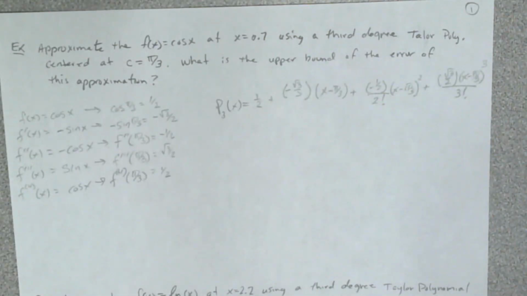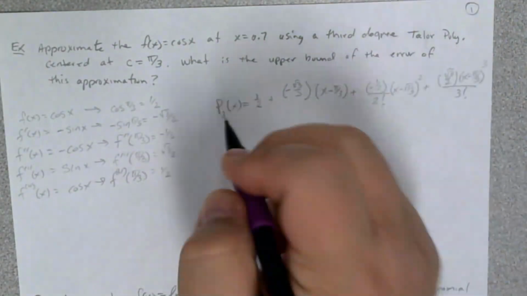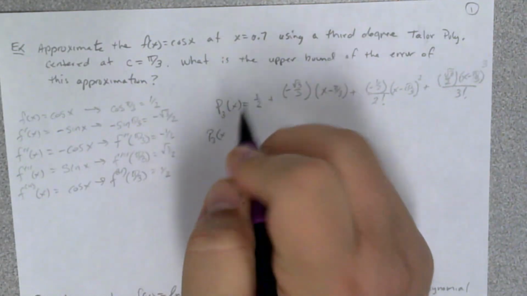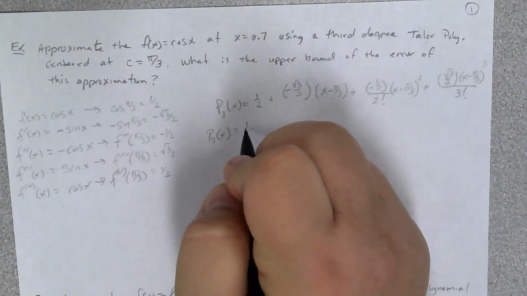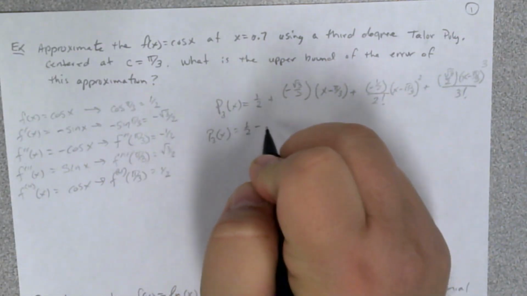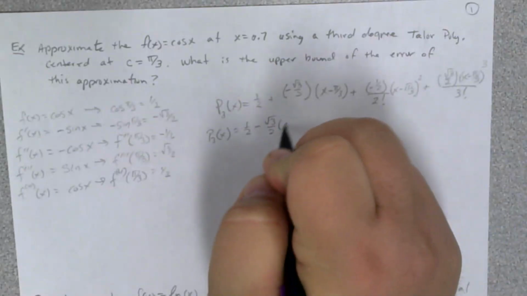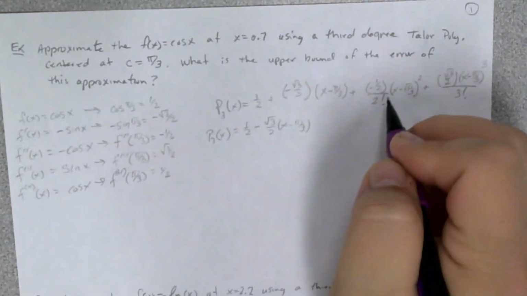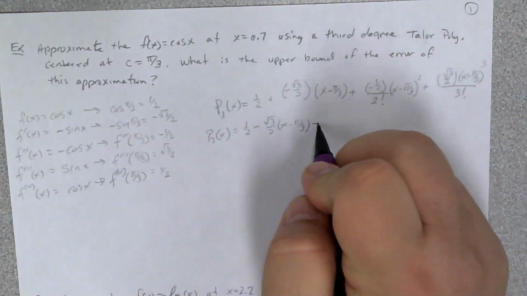We can clean all that up and make it look a little bit prettier. It's 1/2, minus root 3 over 2 times x minus pi over 3. And this over here is going to be a negative 1/4.